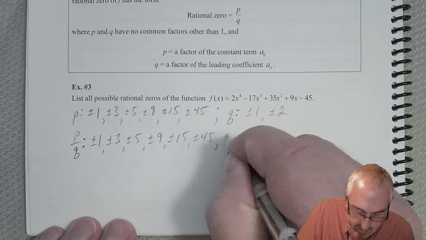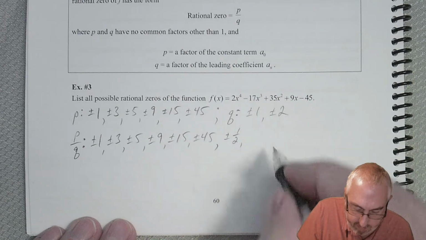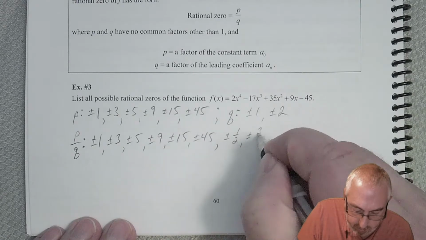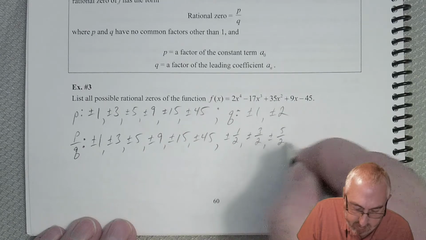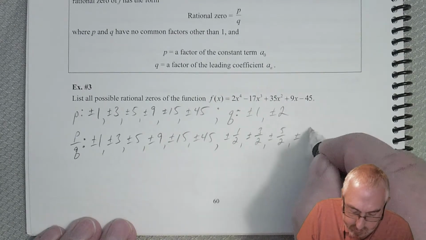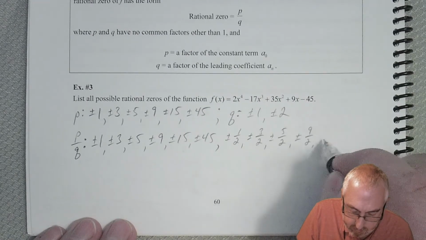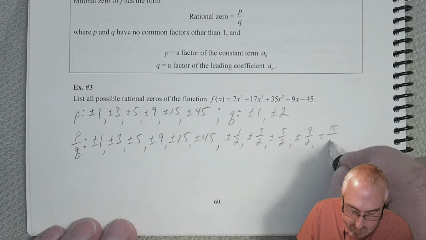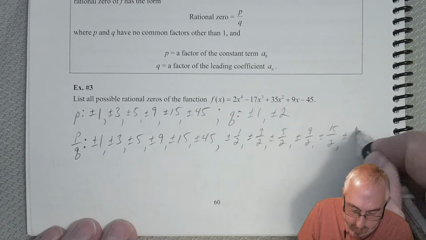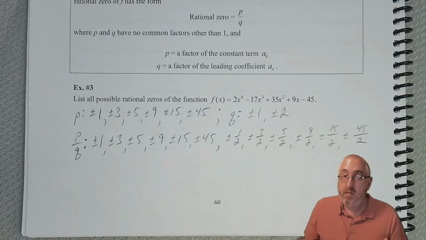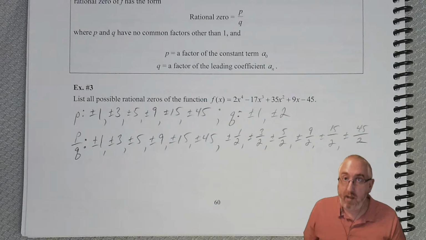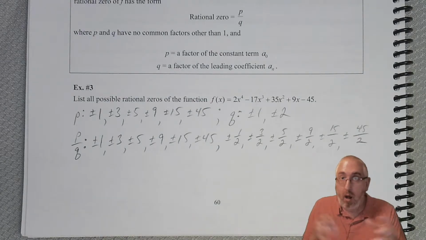So that's going to give us plus or minus 1/2, plus or minus 3 halves, plus or minus 5 halves, plus or minus 9 halves, 15 halves, and 45 halves. Now, sometimes there will be some overlap as a result of putting all of these different combinations of factors together.